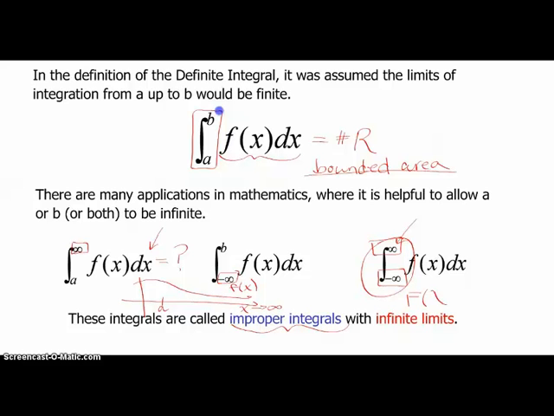We've always found the antiderivative function before and evaluated it at the upper limit minus the lower limit. And I've taught you all year long that you just can't pick up infinity and plug it in like it was a number. We've talked about the idea of huge and tiny and all those things when we were talking about limits. So that's what makes this improper. It's not a bounded area. We can't guarantee that it is bounded if we're going to infinity or coming from infinity.